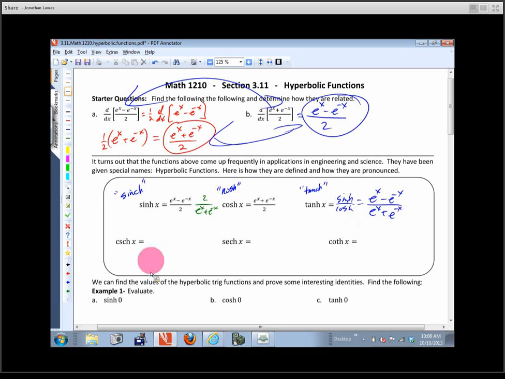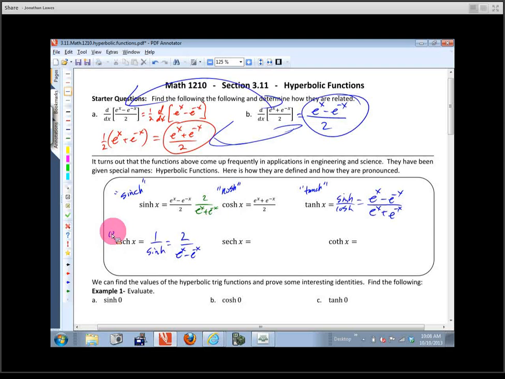Do you want to take a guess at what the, well, let's see, how do we pronounce this one? Guess how it's defined? It's the reciprocal of the sinh. So it would be 2 over e to the x minus e to the negative x. Oh, no, I said that incorrectly.